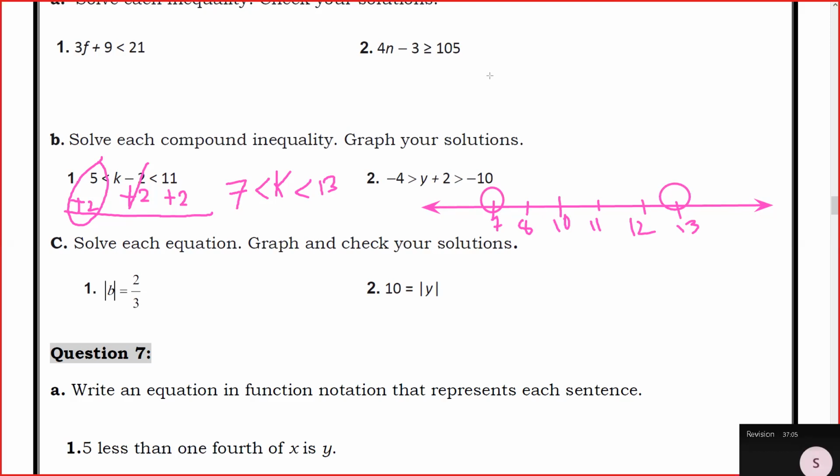Then I will draw an arrow here that represents my solution. That means k is greater than 7 and less than 13.